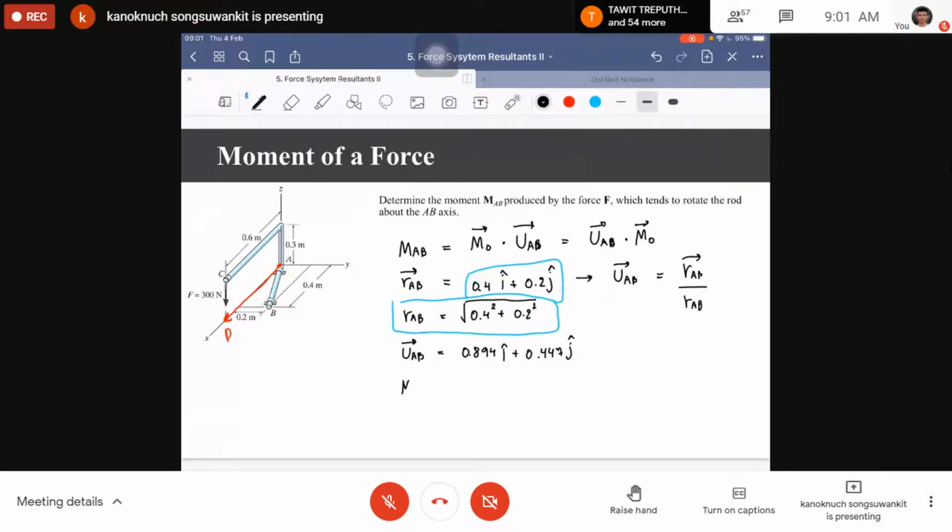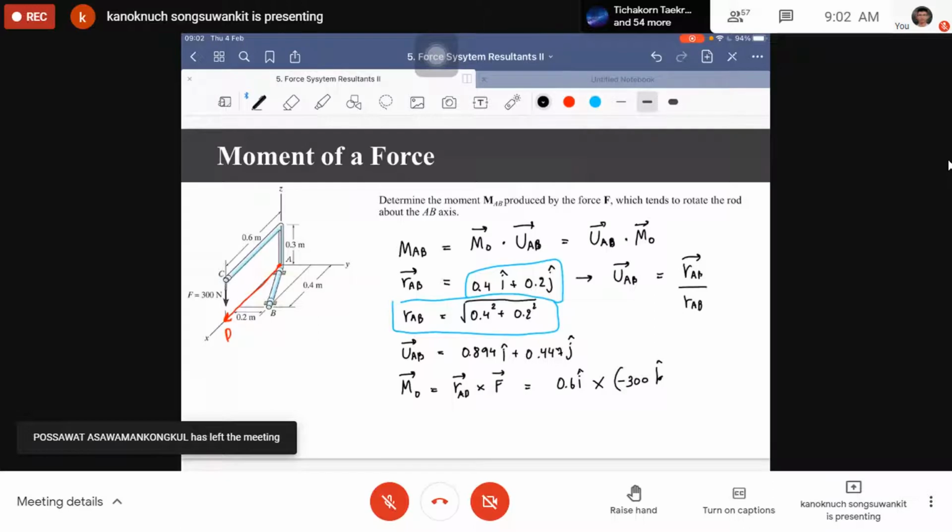Then for me, MO equals RAD cross F. Where RAD equals 0.6i. And F: on this problem, F is given as a magnitude, but you can see that it's directed along the negative z-axis. So we know that F equals minus 300k.